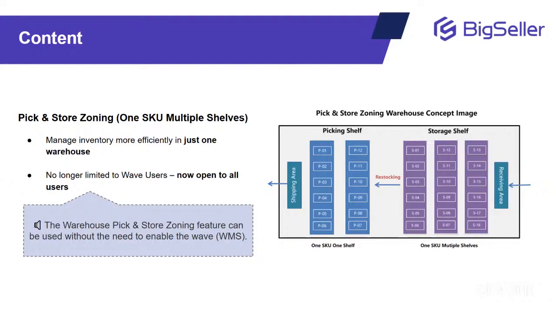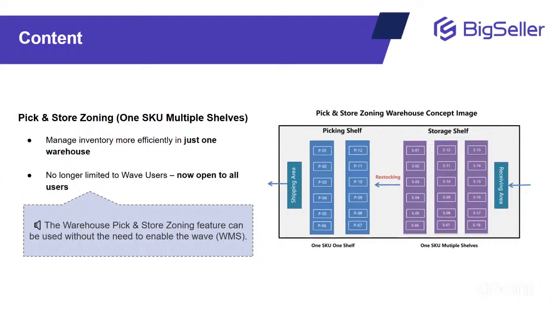First of all, let's talk about the concept of pick and store zoning, which means storage and picking separation. It means in the warehouse, shelves are divided into two types. The first is the storage shelf. This is mainly used to keep bulk inventory. One SKU can be stored in multiple locations here, so we call this one SKU, multiple shelves.